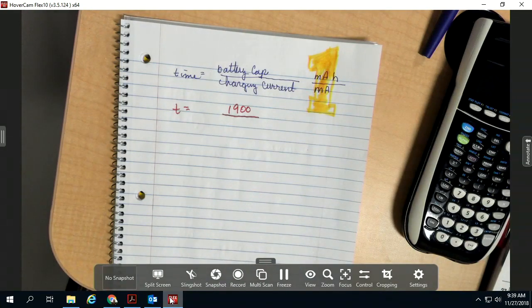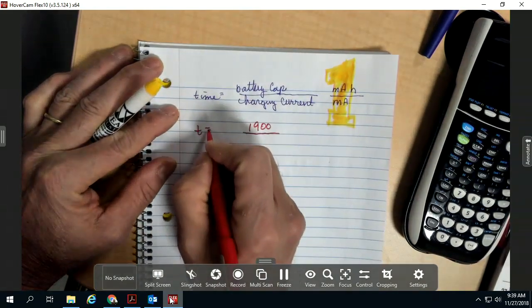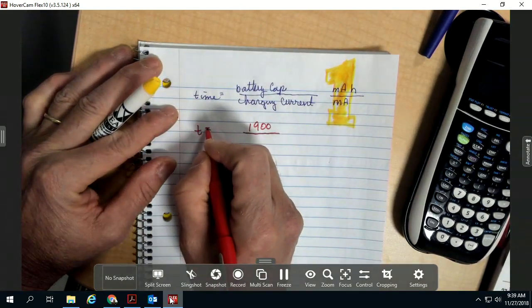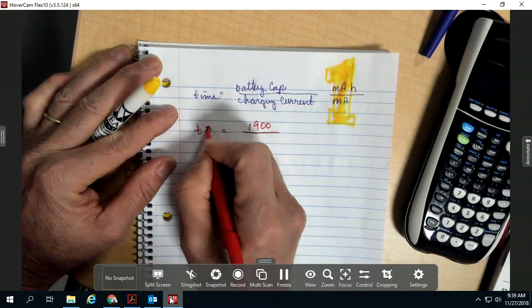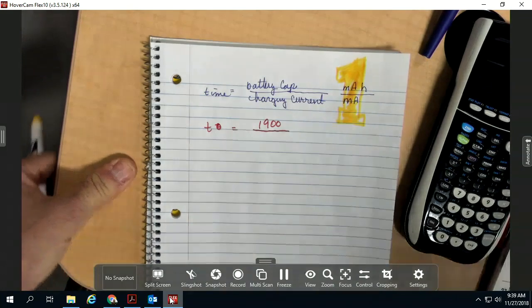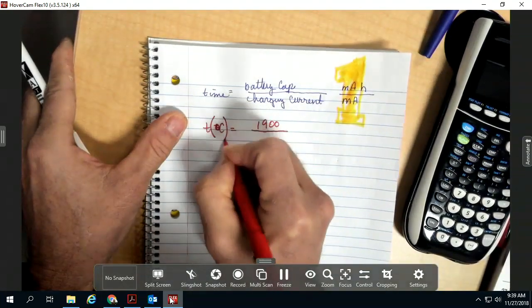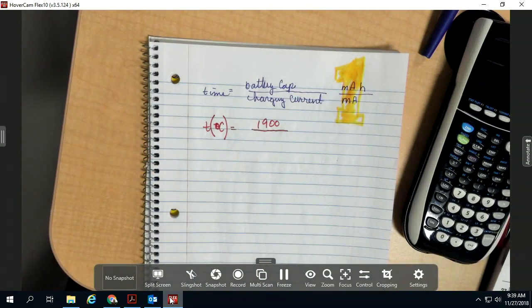Okay. T as a function of current. Let's say T of C. Did you notice that they didn't write this in function notation?